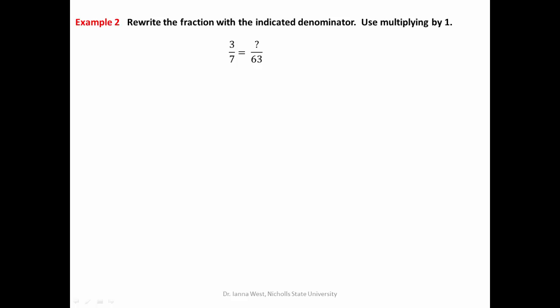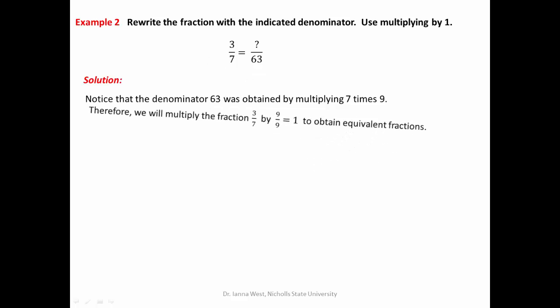In our next example, we will rewrite the fraction with the indicated denominator. We will use multiplying by 1. Notice that the denominator 63 was obtained by multiplying 7 times 9. You can find this simply by dividing 7 into 63.